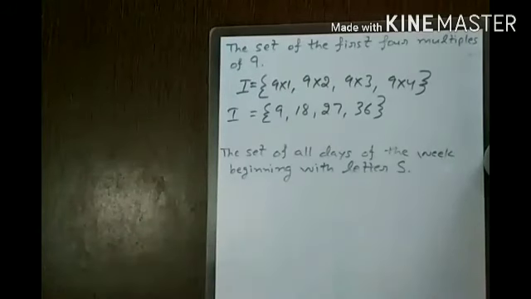Now the next one is the set of all days of the week beginning with the letter S. Now you know all the days. The first day is Sunday and another is Saturday.